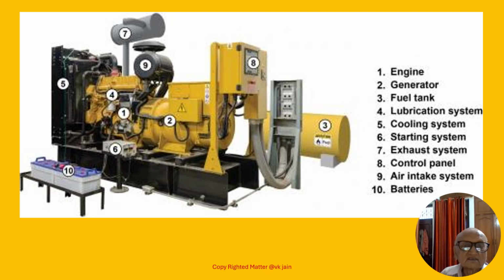Friends, this slide shows the isometric view of a generating set and its various components. We'll talk one by one. This yellow portion up to here is the diesel engine, and it is coupled with the alternator, that means generator, number 2.